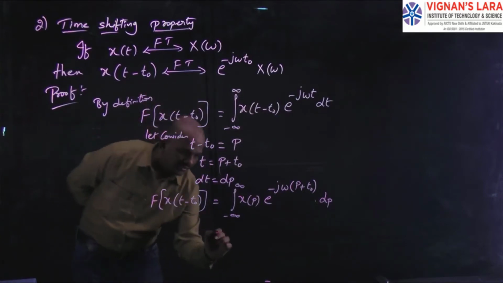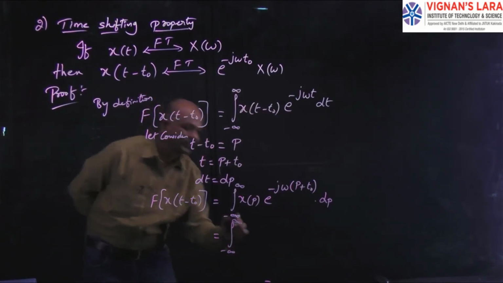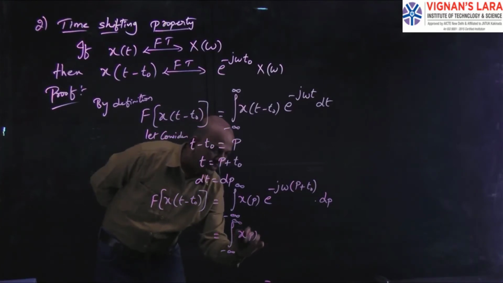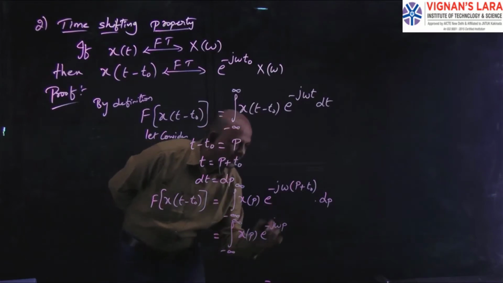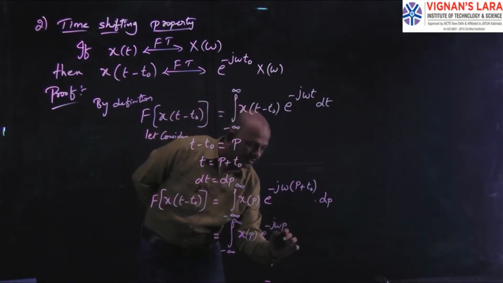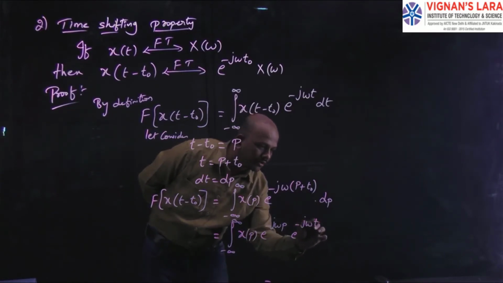That will be equal to integral from minus infinity to infinity x of p e power minus j omega p into e power minus j omega t naught.